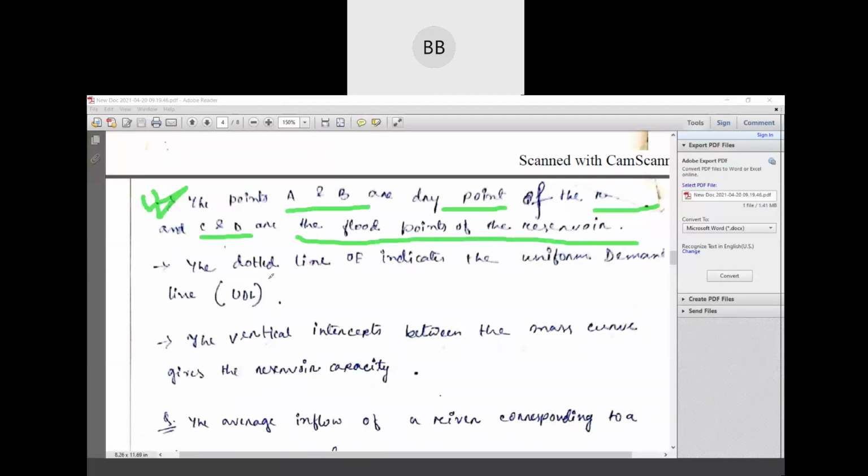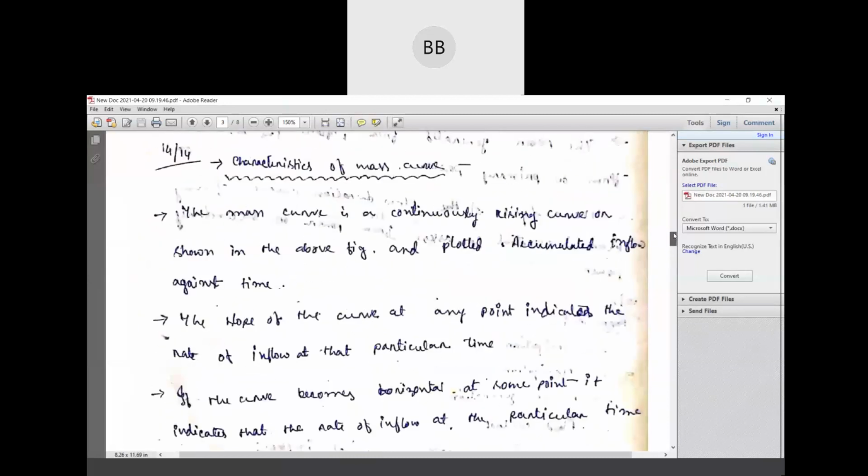The dotted line indicates the uniform demand line. I have considered O as the zero point and E as the end point. That's why I have written OE. You can denote them by any alphabet, it's up to you.